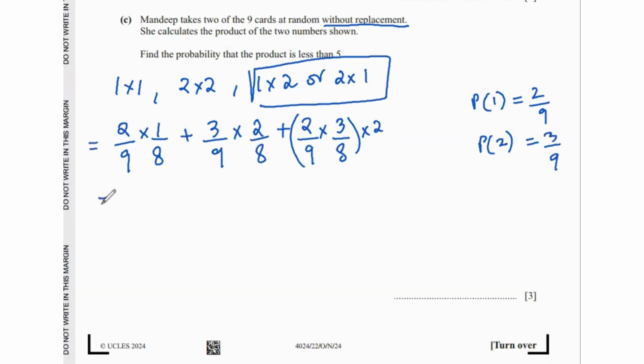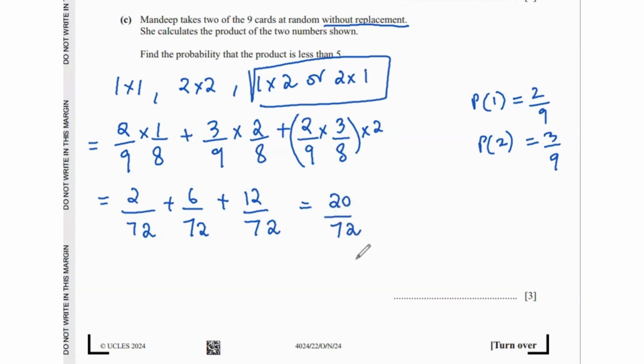So this is going to be 2 over 72 plus 6 over 72 plus 12 over 72. That's going to give us 20 over 72, which is going to be 5 over 18. So that's your final answer.